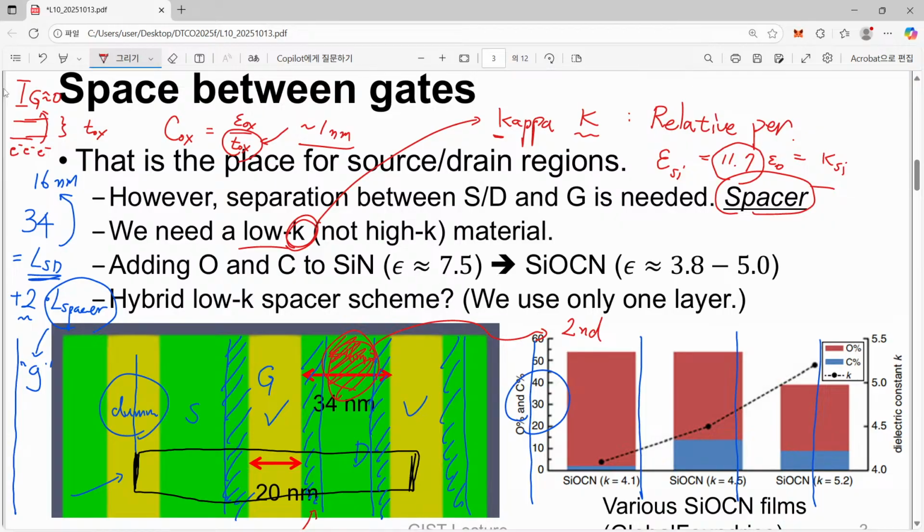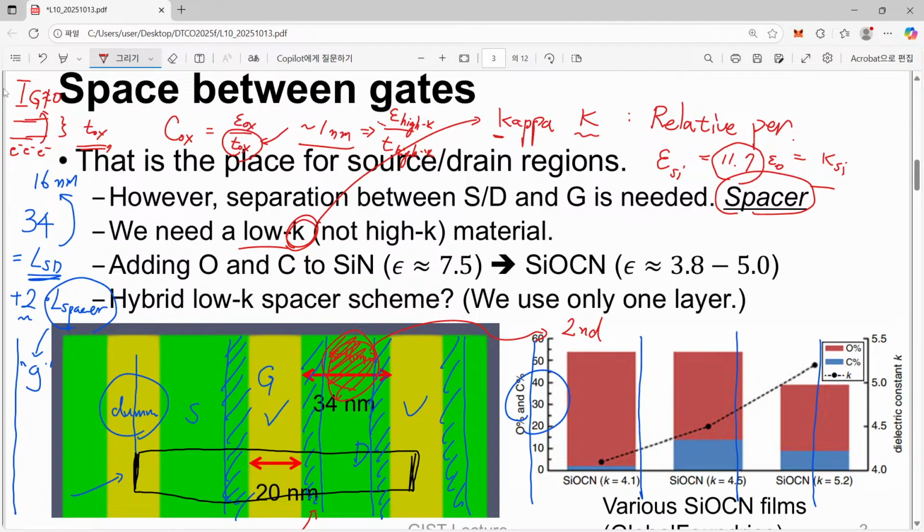But that is not the case when we have extremely thin oxide thickness. So instead of that, we have made a transition to this one, epsilon of high K material, and also thickness of high K material.